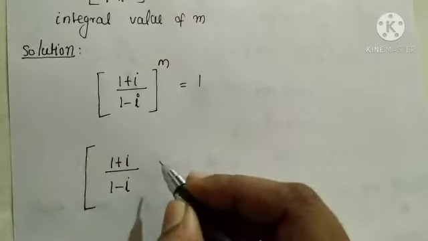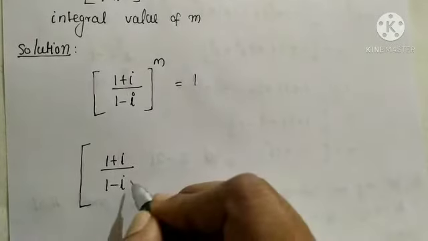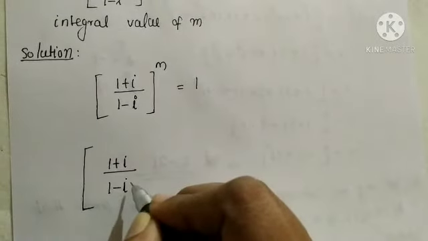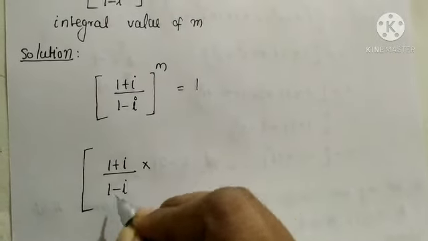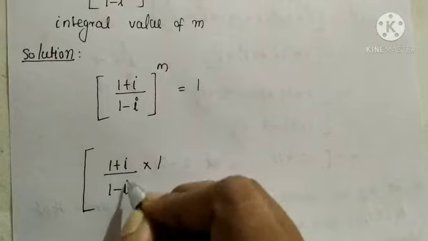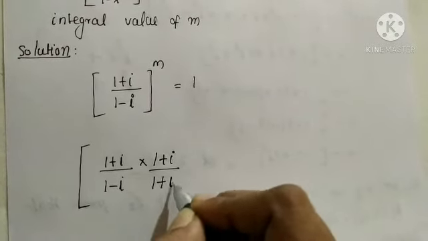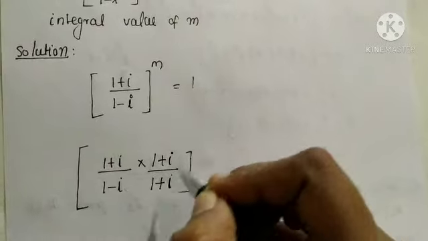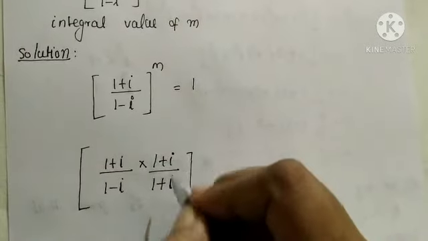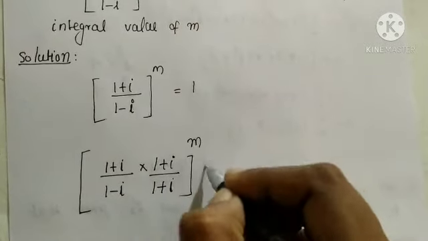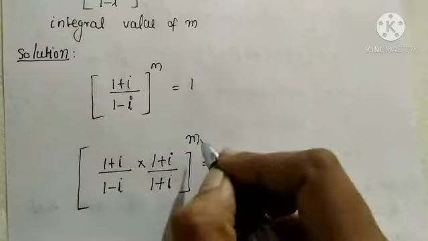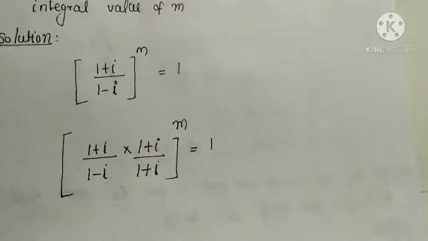So let's take the conjugate of the denominator. The conjugate of the denominator is 1 plus i. So multiplying and dividing by the same conjugate value, and don't forget to write this all raised to m equal to 1 here.